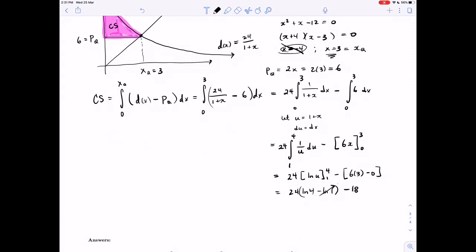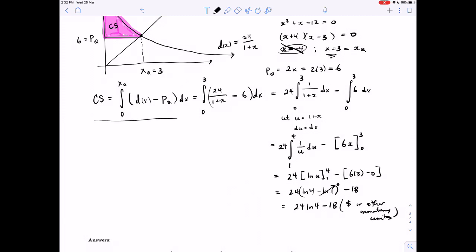Ln 1 is 0, and so our final answer for the consumer surplus is 24 ln 4 minus 18, and this is in either dollars or thousands of dollars or some sort of monetary value, so dollars or other monetary units.